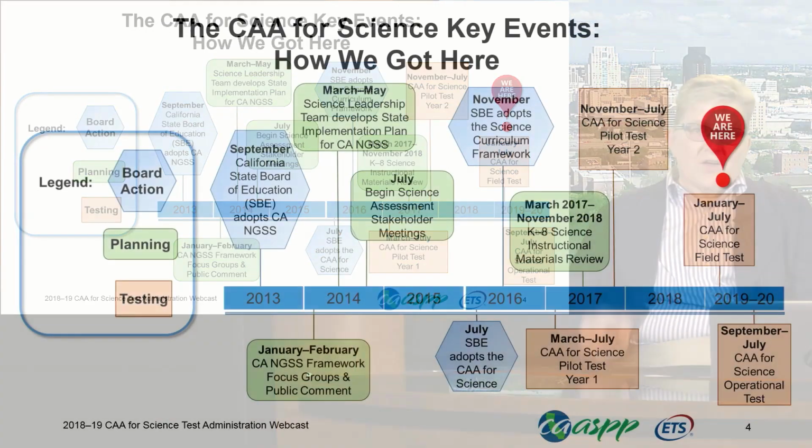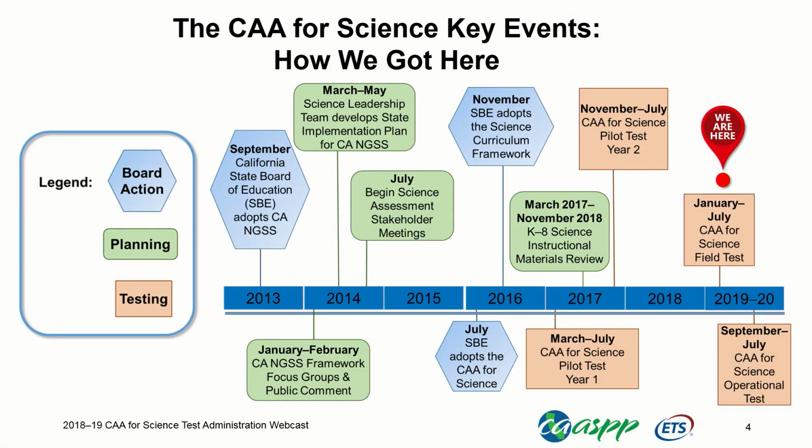So how did we get there? In March of 2013, the State Board of Education adopted the California Next Generation Science Standards. In July of 2016, the State Board of Education adopted the high-level test design for the California Alternate Assessment for Science. We wanted to approach the development of the assessment in a very deliberate fashion, and so we had 2 years of pilot testing.